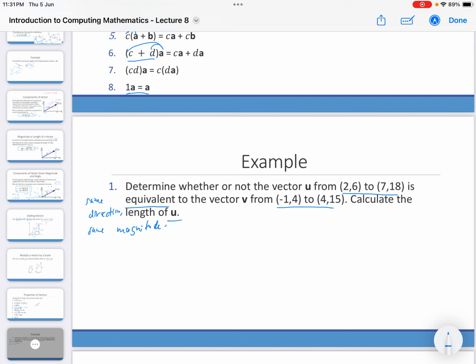So we can find the magnitude of these two vectors and also the direction of these two vectors. If these two are the same, then these two vectors are equivalent.